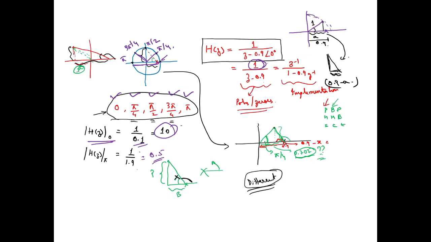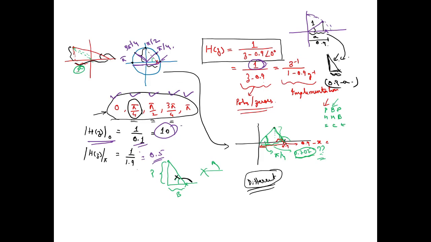You have this perpendicular value already calculated. What is this hypotenuse? That would be the distance of the pole to this point, so you can find out what the amplitude value should be.